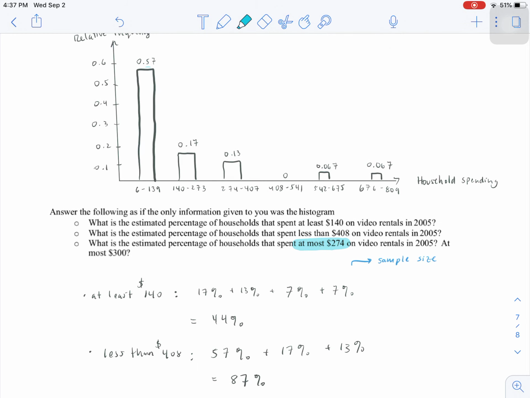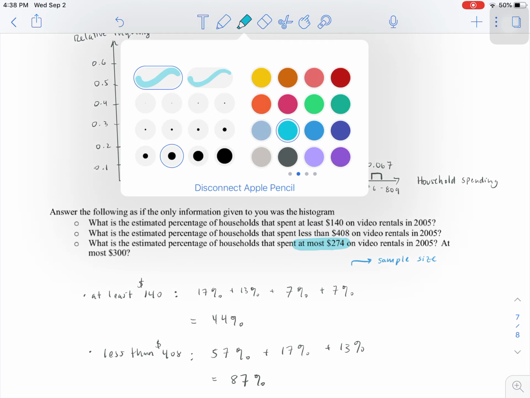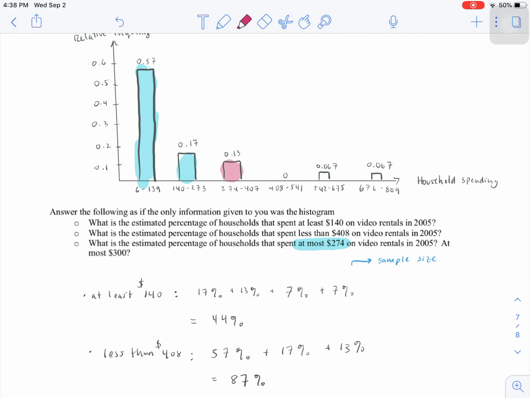This one we actually cannot figure out just looking at our histogram, because just looking at our histogram, we don't know how many people spent exactly 274. All we know is people who spent strictly less than 274. That's these two bars. This bar right here gives us the people who spent $274, $275, $276, all the way up through $407.